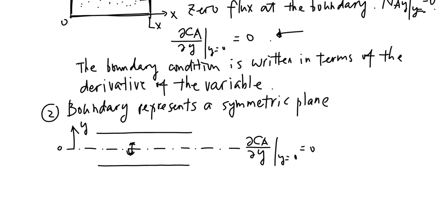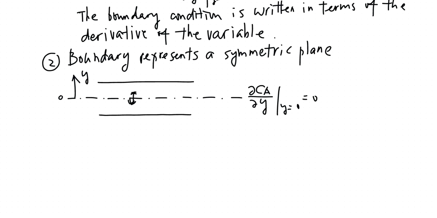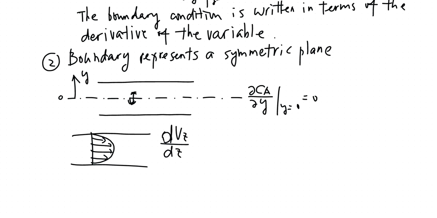Although we haven't been talking about the symmetrical diffusion scenario, if you can recall Poiseuille's law, we know that dV_z/dr at r equal to zero is equal to zero because it's parabolic, and along the center line, it's symmetric. There's no gradient, it's flat.